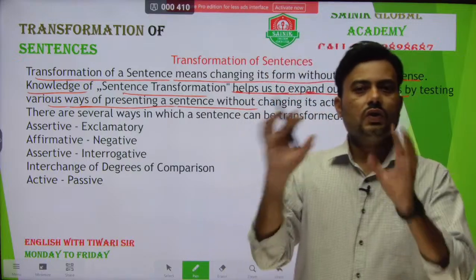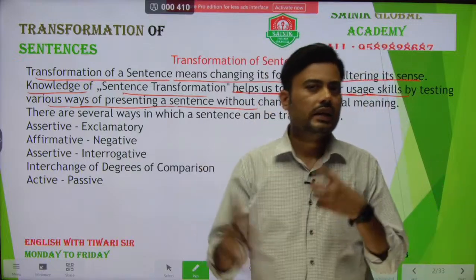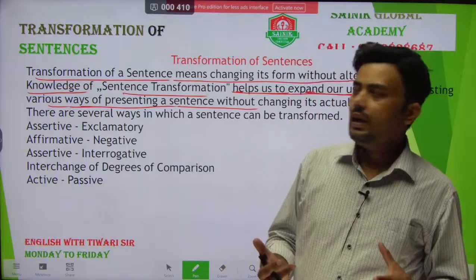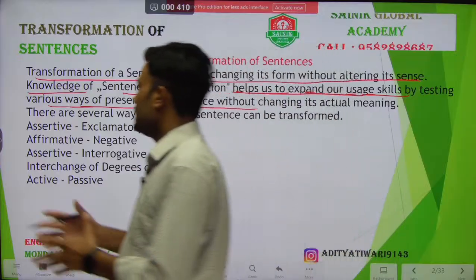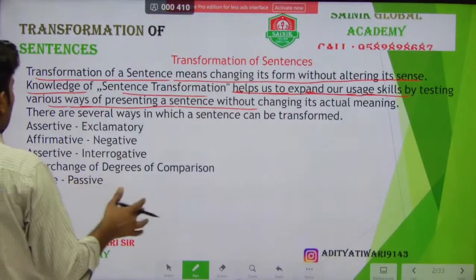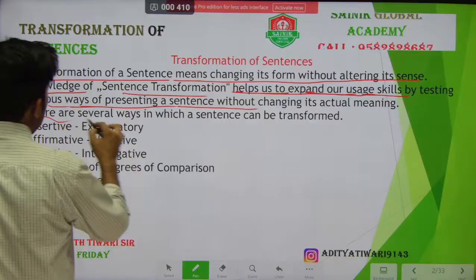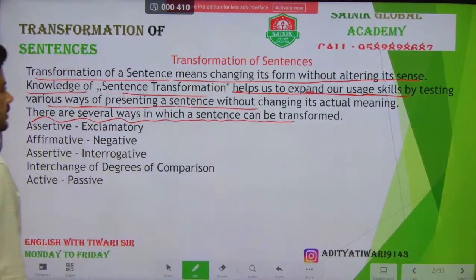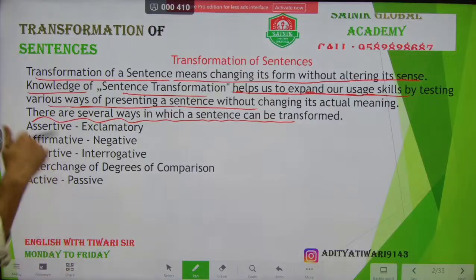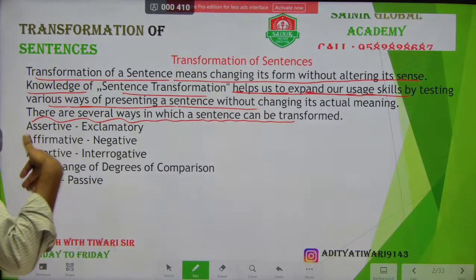Those who are creative and can think can do this chapter easily. In transformation of sentences, there are several ways in which a sentence can be transformed, so many different ways.